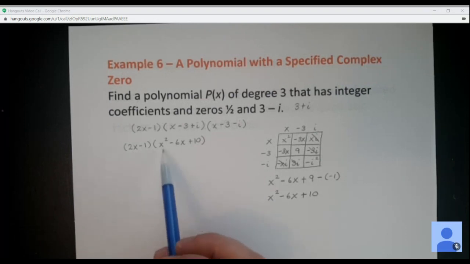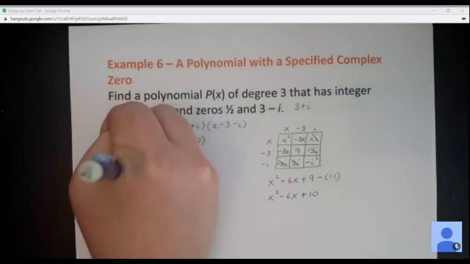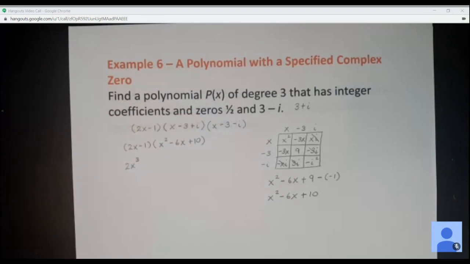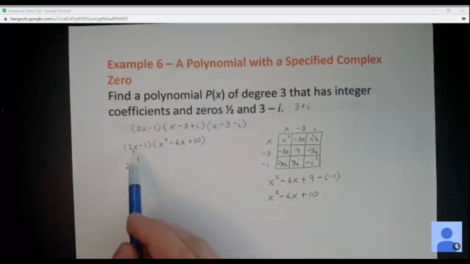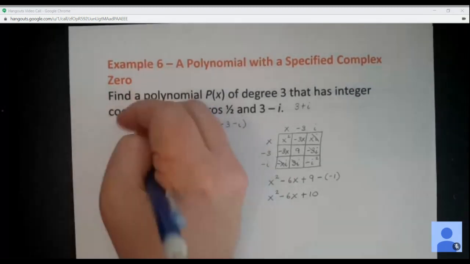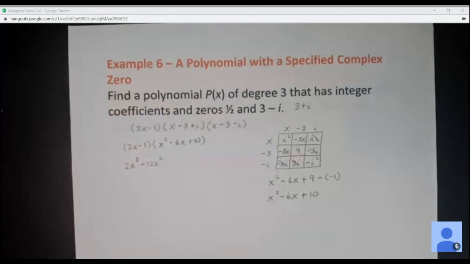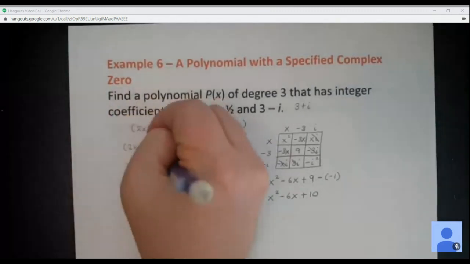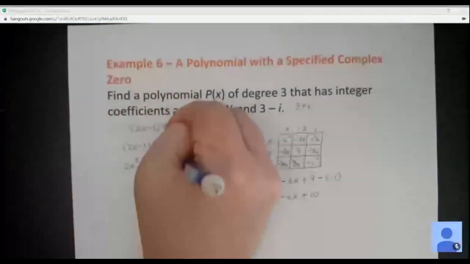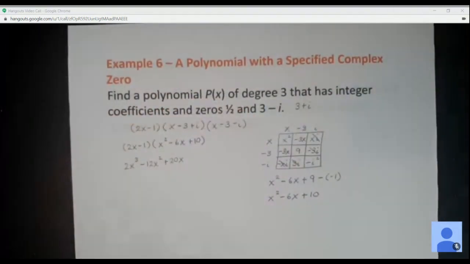So I've got 2x times x squared. That's going to give us 2x cubed. Then I'm going to do my 2x times my negative 6x. That's negative 12x squared. 2x times 10 is going to be plus 20x.